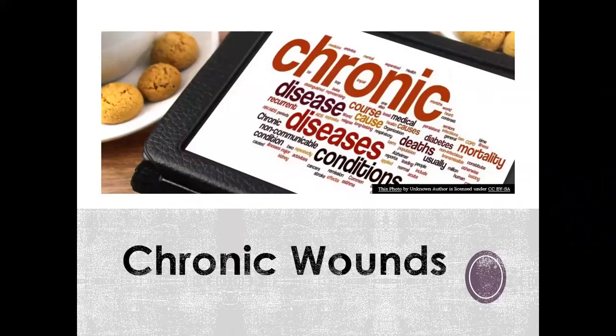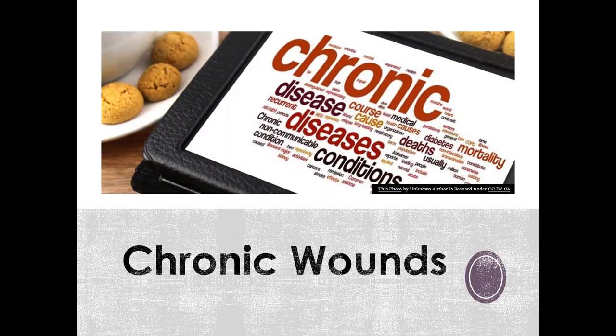Next, we're going to go into our chronic wounds. Chronic wounds are those that exceed the expected length of recovery, usually because the natural healing progression has been interrupted or stalled because of infection, continued trauma, ischemia, or edema. Chronic wounds include your pressure ulcers, your arterial, venous, and diabetic ulcers.